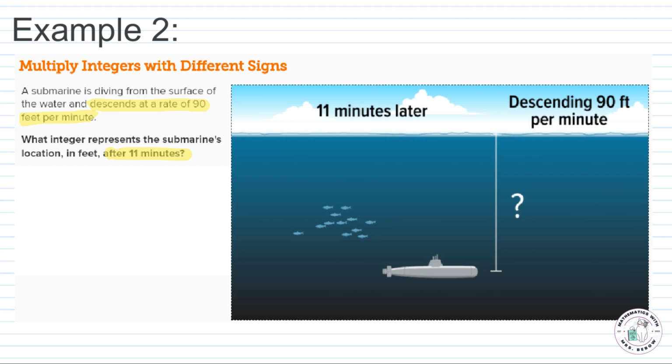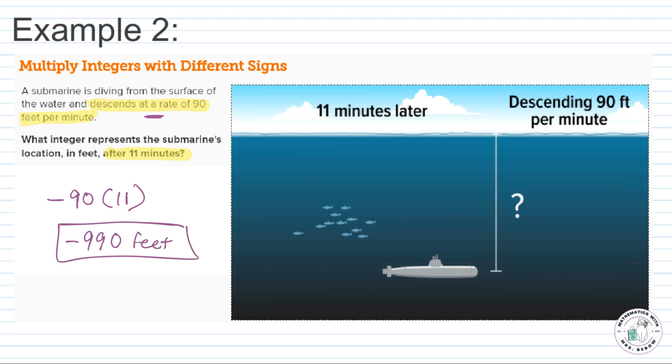So that descending at a rate of negative 90 feet per minute, this is again indicating a negative. So we're going to be doing negative 90 times 11. And the trick with this is we can just do 9 times 11, which is 99, add our 0 back on, and this is going to be a negative because, again, we have different signs. Different signs, negative answer. And then our label on this would be feet.